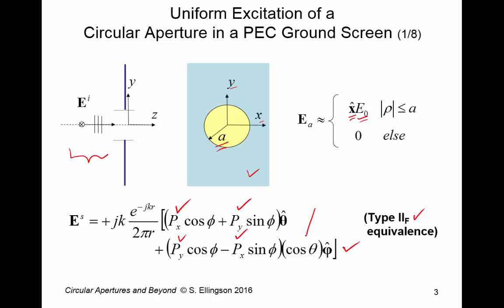You'll also note here that we have an obliquity factor. This relationship between spatial Fourier transforms and obliquity factors in these expressions turns out to be important later. Now, I mentioned already that even though we're doing just the PEC ground screen case, the result will turn out to be quite general, and we'll be able to apply it to the aperture in free space case as well.